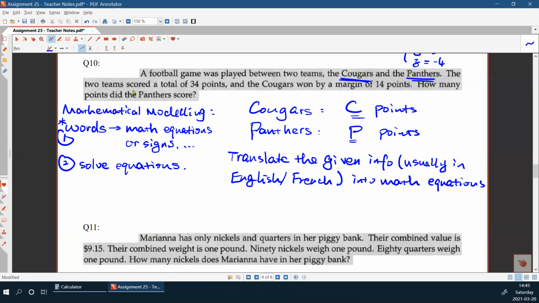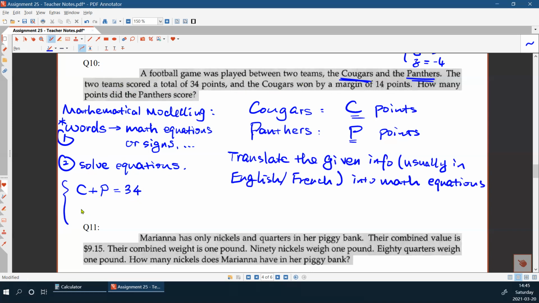We know that the sum of the two scores is 34. So that means C plus P is 34, right? This is the first information you know. Any other information? Of course, you also know that the Cougars won by a margin of 14 points.